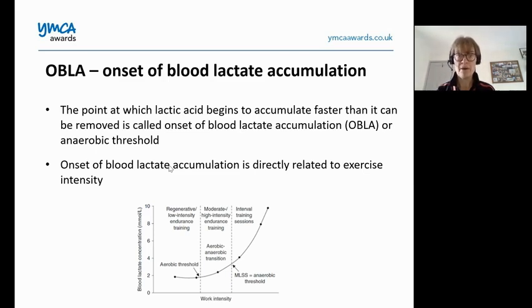It's at about 4 millimoles, when the lactic acid in the blood reaches about 4 millimoles. That's when the onset of that burning and pain begins, which physiologically causes you to slow down. This is directly related to intensity, so the more intense it is, the sooner you'll reach that OBLA level.